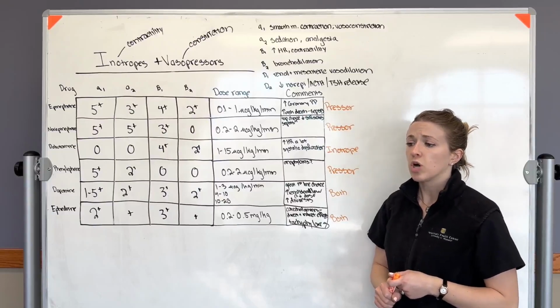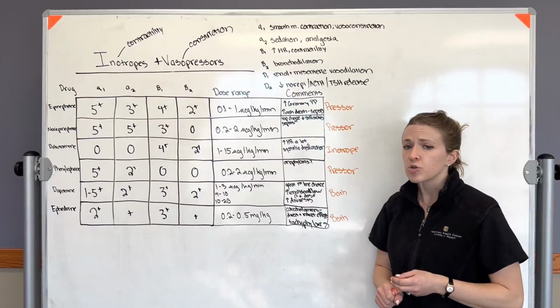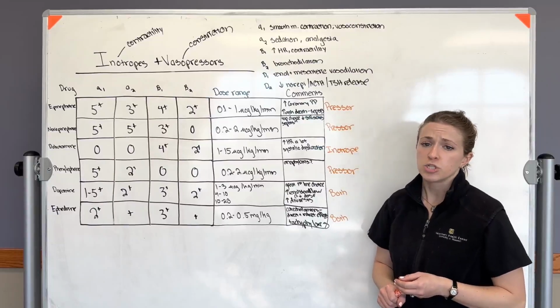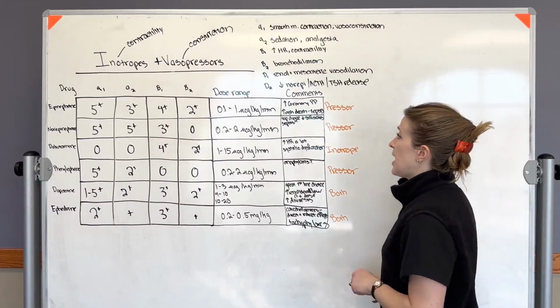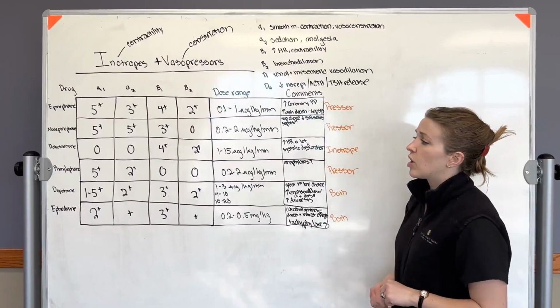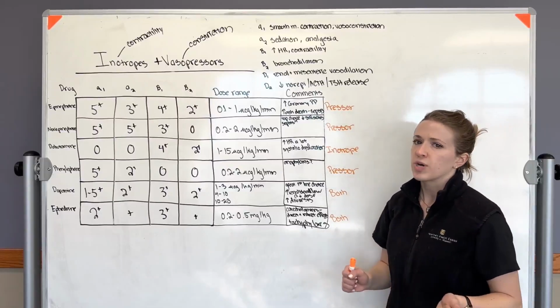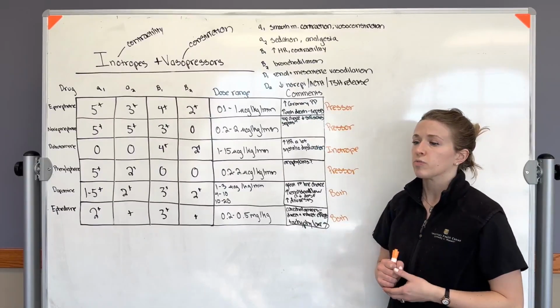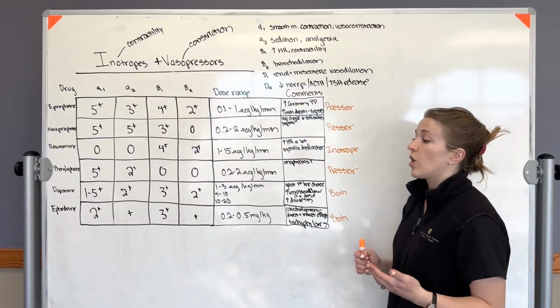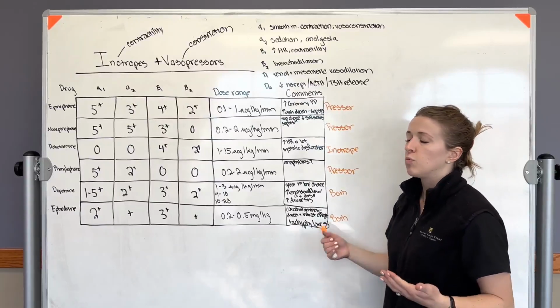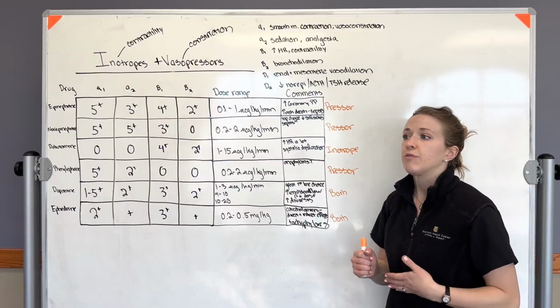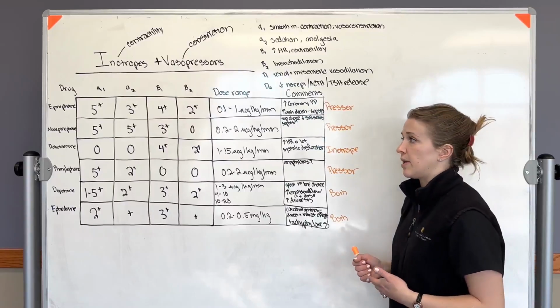They work on dopaminergic receptors, so that's D1 and D2 receptors. And there are other drugs which work on vasopressin and antidiuretic hormone receptors, which I will not be talking about today, but you would need to be aware of them if you are using that drug clinically.